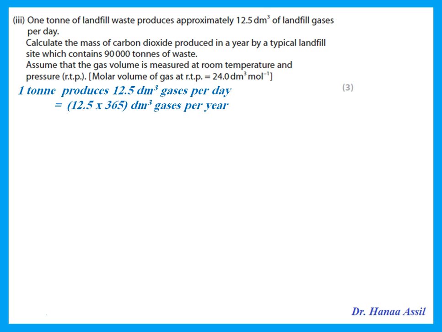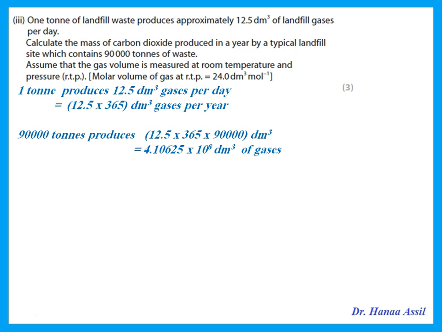He says 1 ton will give 12.5 per day. So you have to find out per year because he wants the mass of carbon dioxide produced in a year. Okay, so this is the amount in a year by 1 ton. But he says I have 90,000 tons, so you multiply by 90,000.